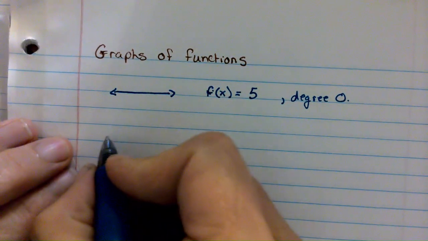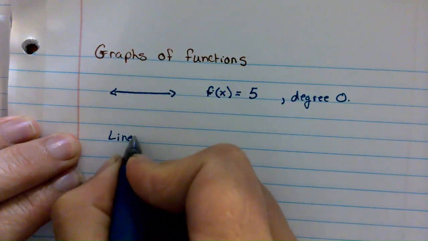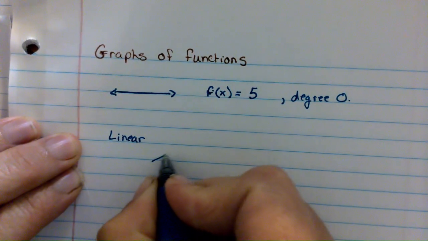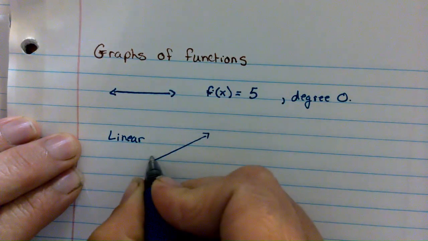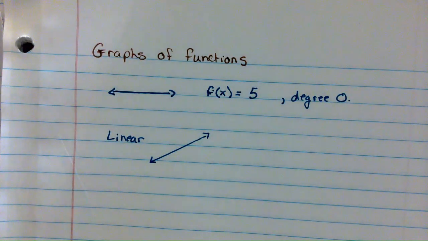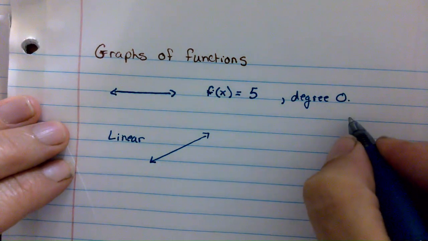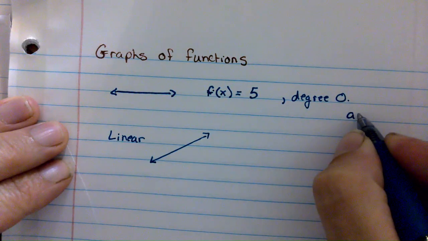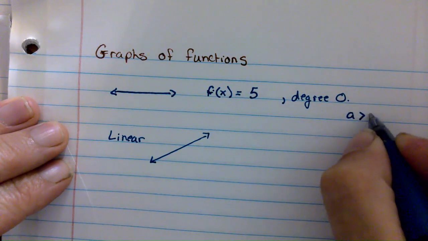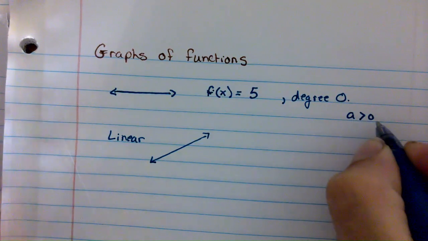So you might have heard the term linear before. Linear meaning line. Assuming that you have a positive slope, and we're going to assume for all these that a is greater than 0 for everything else.